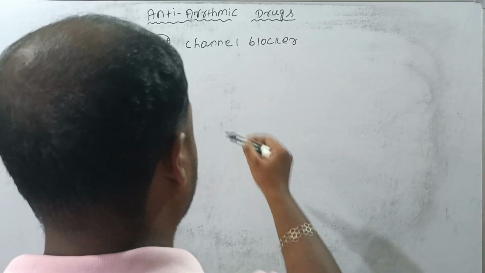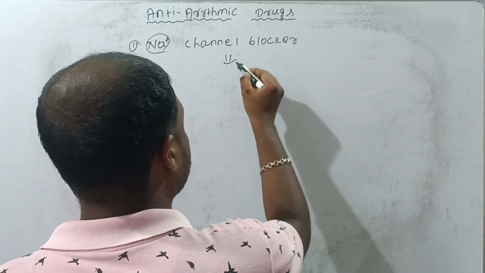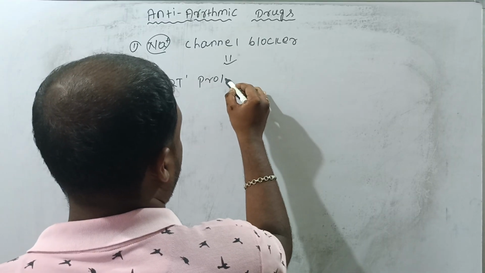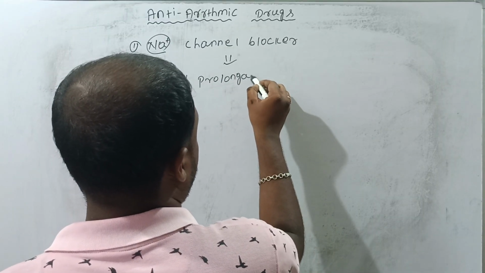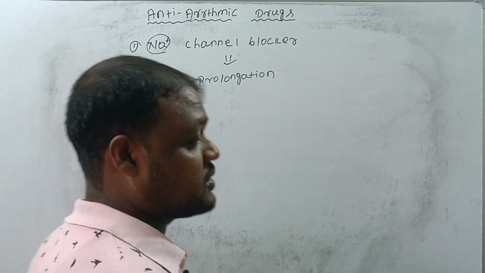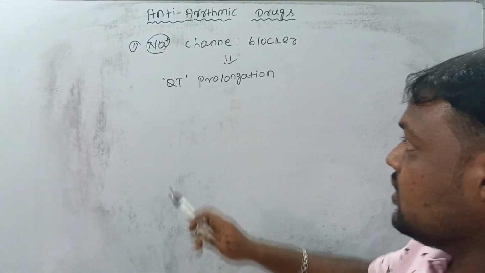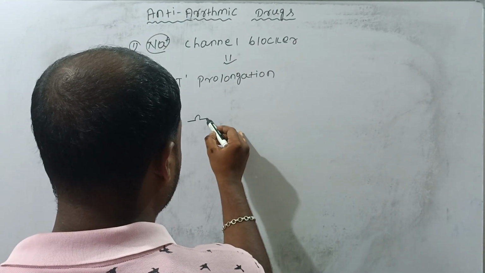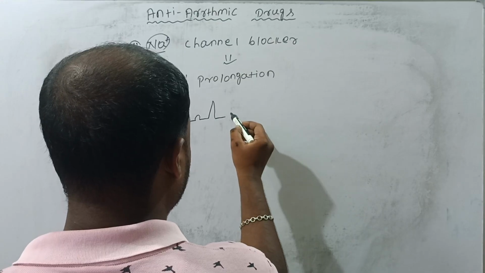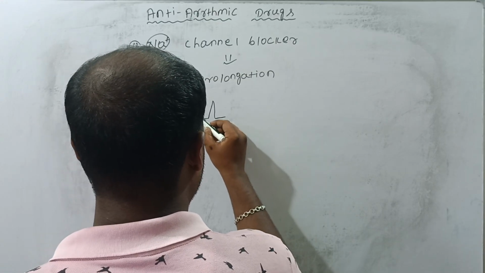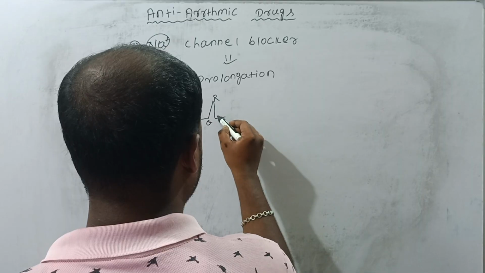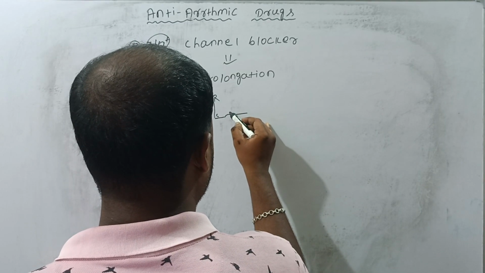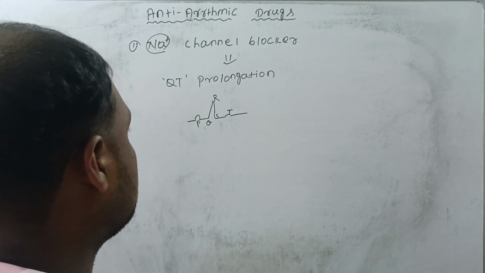The sodium channel blocker, what is the mechanism? It causes QT prolongation. On the ECG, that is the P wave, then the QRS complex, then the T wave.